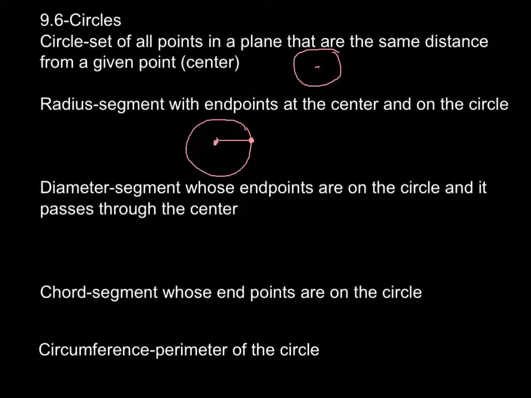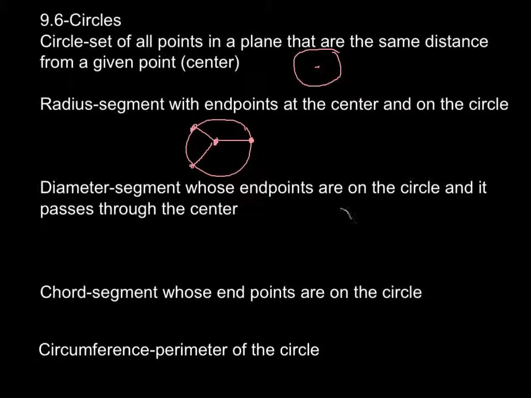It could go from the center to this endpoint on the circle, or from the center to this endpoint on the circle. It doesn't have to be any certain endpoint on the circle. It just has to end somewhere on the circle and start in the center.